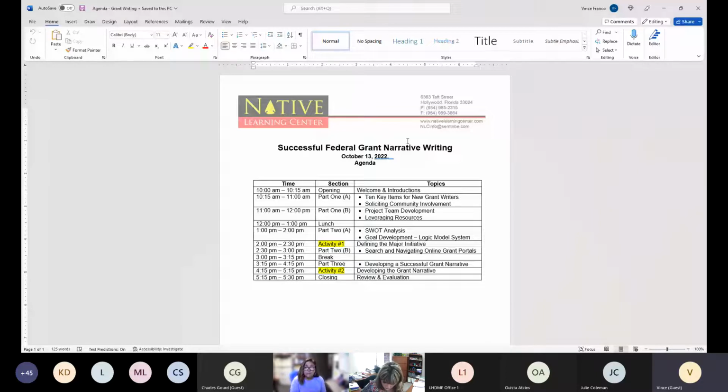A lot of times for grant writers, we get the assignment to write a grant or search for grant opportunities, but it's really, really helpful, in fact I would say it's a requirement, that we get some kind of input and solicit information from a larger group of individuals, be it leadership, be it the community at large within a tribal entity.